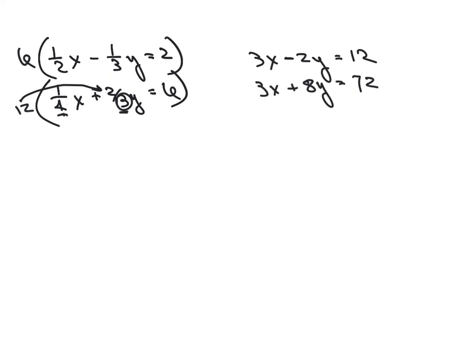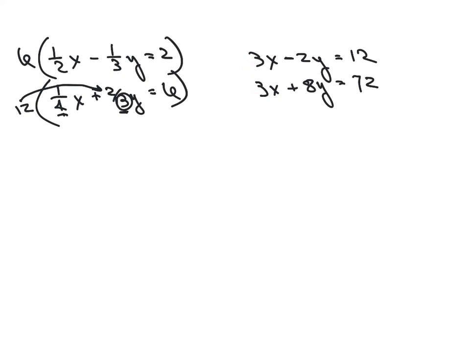Now, look what I've got here. I've got 2 of the same numbers here. Problem is, they're both positive, so when I add those, I'm going to get 6. If I want them to be 0, then one of them has to be a negative, right?